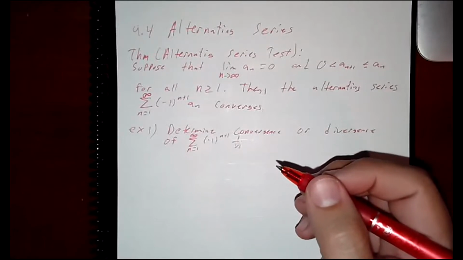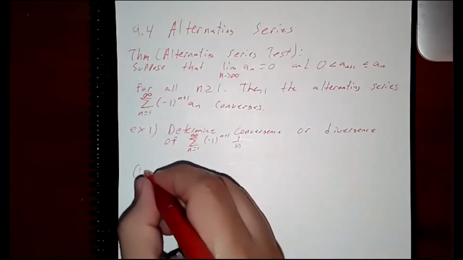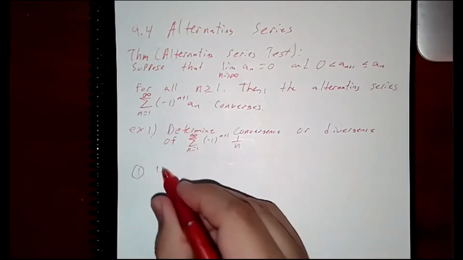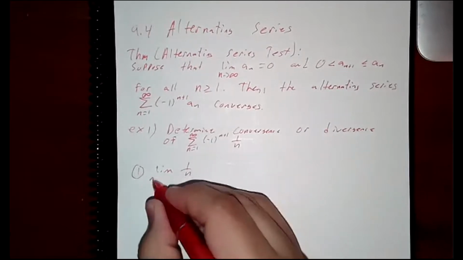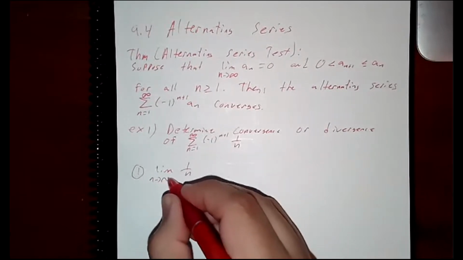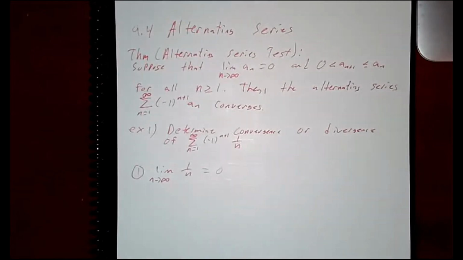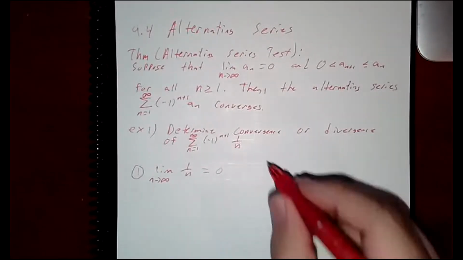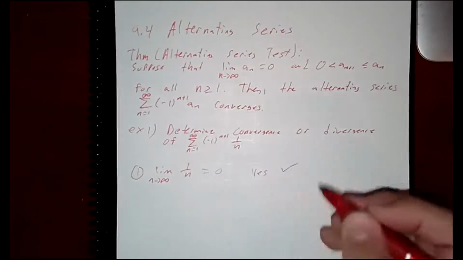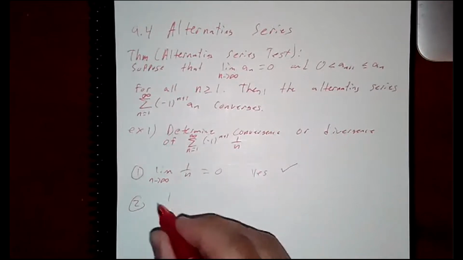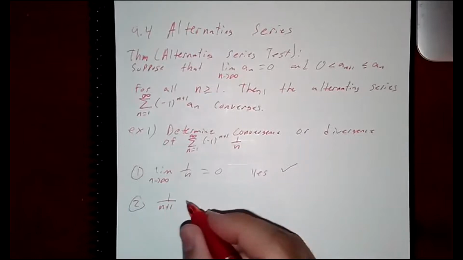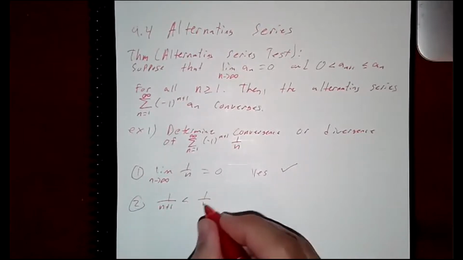So for the alternating series test, all you have to do is check, number 1, is the limit of the sequence, the non-alternating part, equal to 0. Yes, right? Number 2, is 1 over n plus 1 less than 1 over n?